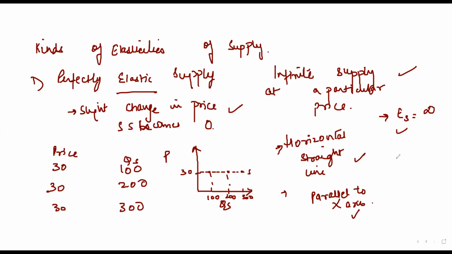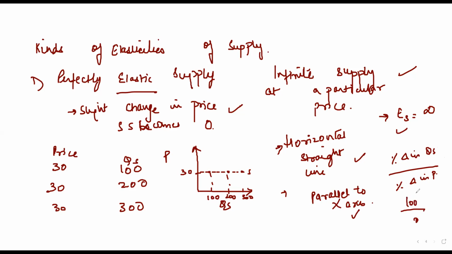Okay. Now, if I try to calculate this numerically, what was the percentage method? You know that the percentage method was percentage change in QS upon percentage change in price, right? So in this kind of a situation, what is happening? The percentage change in price is zero, and maybe the percentage change in QS is whatever.